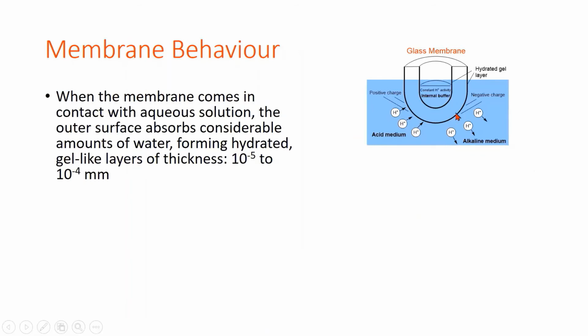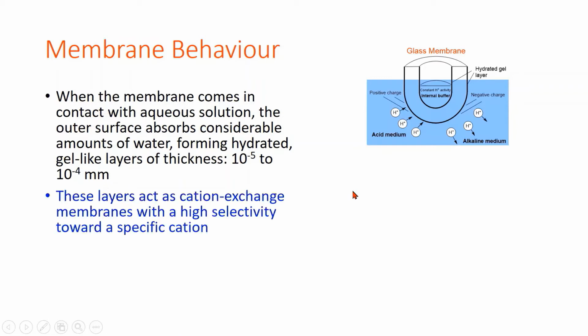When the membrane comes in contact with aqueous solution, the outer layer absorbs a considerable amount of water forming a hydrated gel-like structure. These inner and outer layers are hydrated gel-like structures of thickness 10 to the power minus 5 to 10 to the power minus 4 mm. These layers act as cation exchange membranes with a high selectivity towards specific cations.